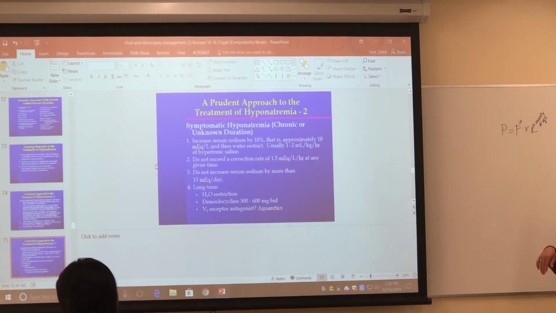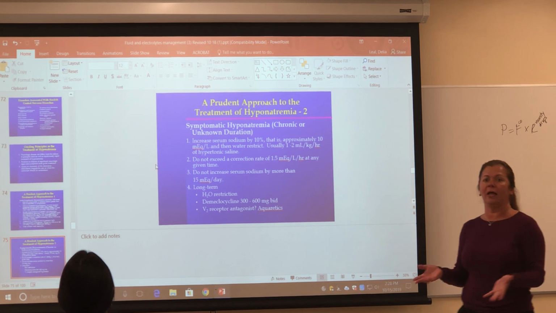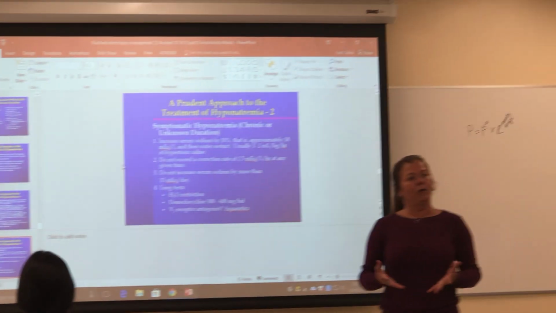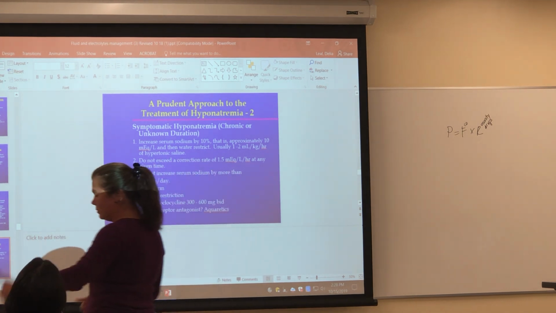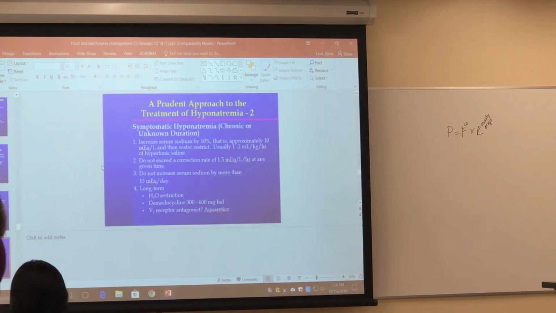Now, since we're here, even though it is in the back of the algorithm, how do you treat syndrome of inappropriate antidiuretic hormone? Leading number one, fluid restriction. What else? How do you block vasopressin? Well, vasopressin can be blocked by giving antagonists of vasopressin, right?